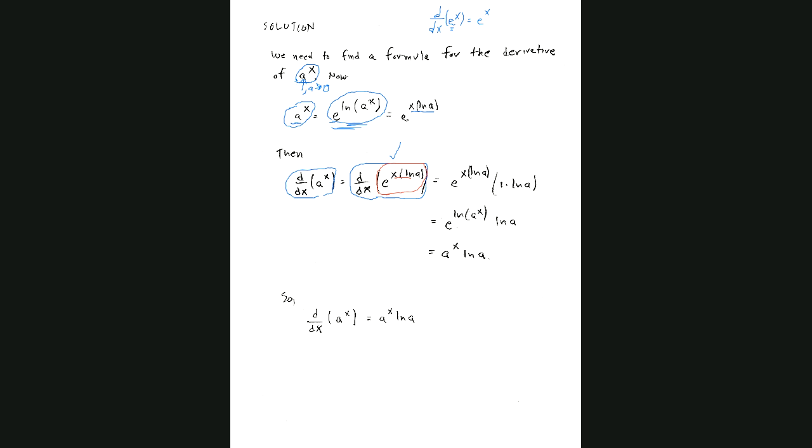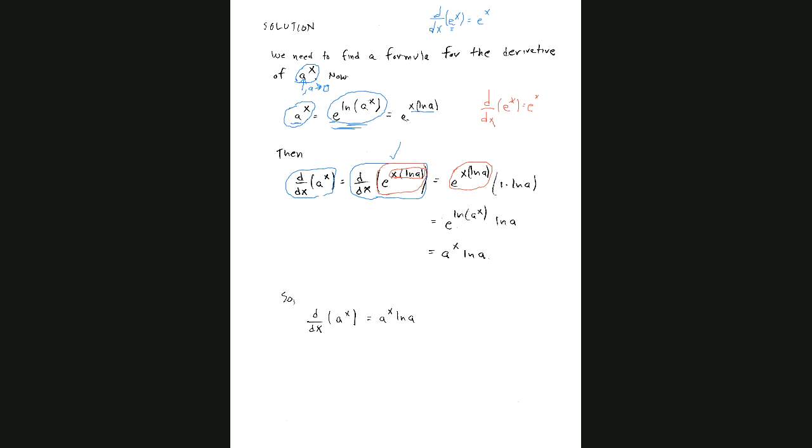So by the chain rule, the derivative of e to the power x log a is e to the x log of a, because we know that the derivative of e to the x power is just e to the x power. Now I'm using the chain rule, so I'm treating x times the log of a as my variable.